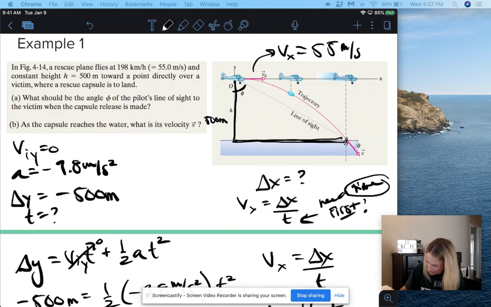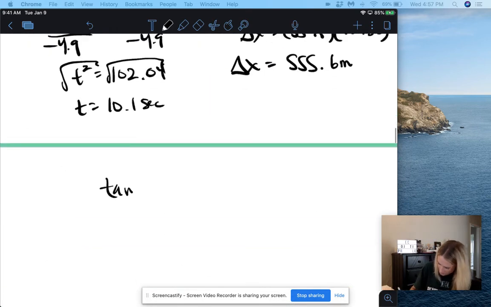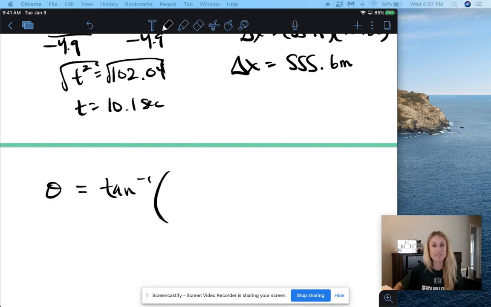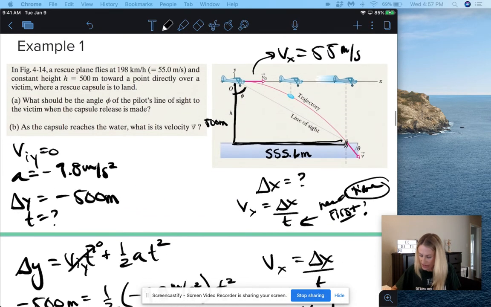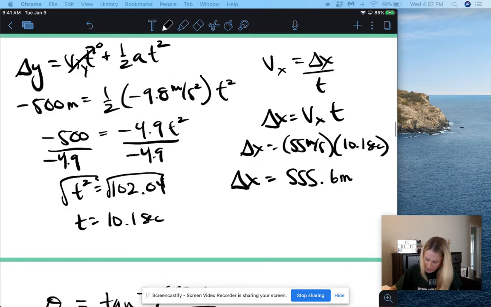So we know now that this is 555.6 meters. And so now we can use our inverse tangent in order to find that angle. So tangent to the -1, inverse tangent of opposite, which is 555.6, over adjacent, which is 500.